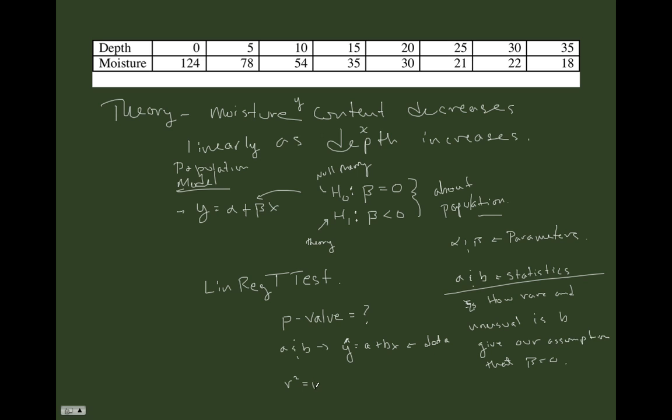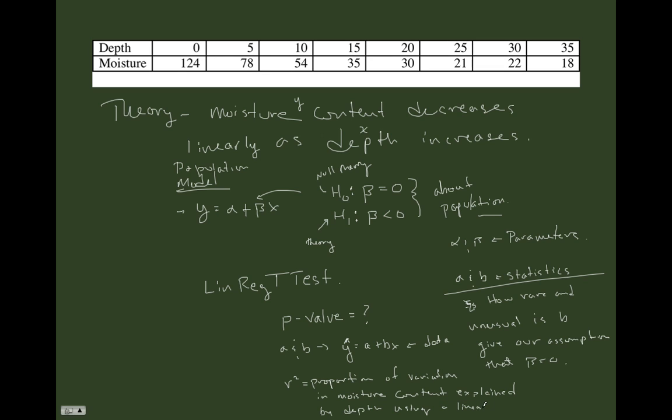R squared is the proportion of variation in moisture content explained by the depth variable, using a linear model.